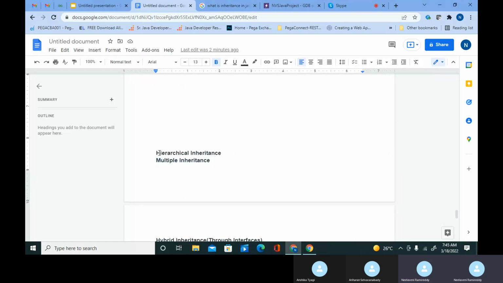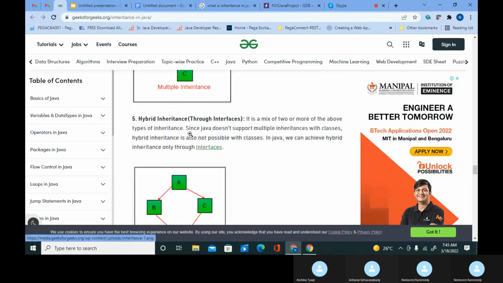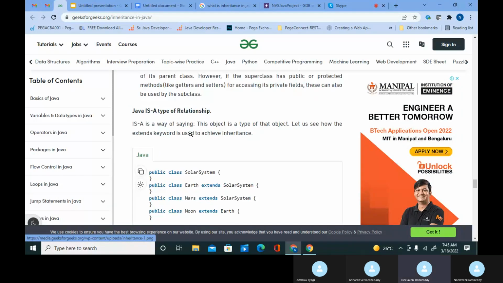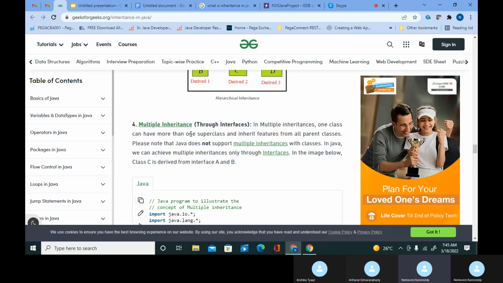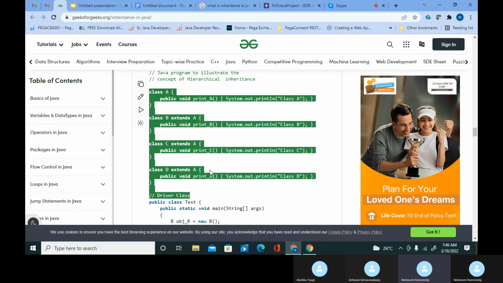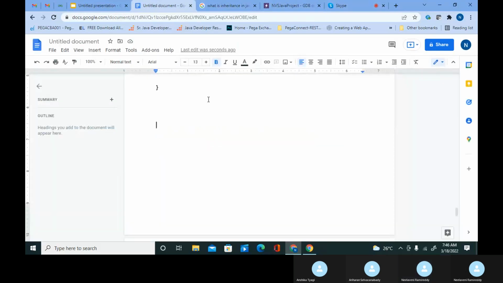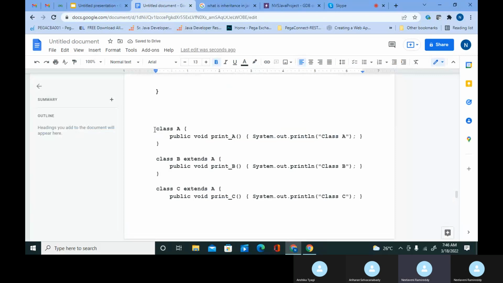Okay, so hierarchical inheritance. For example, we'll use this directly instead of writing a single animal class every time. See, in my first class, A is there.